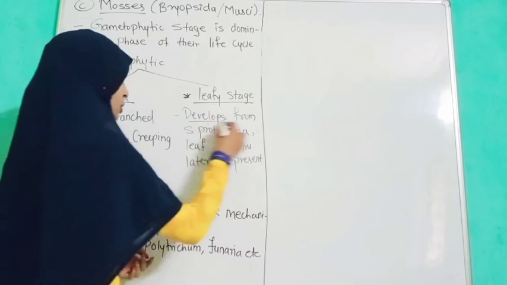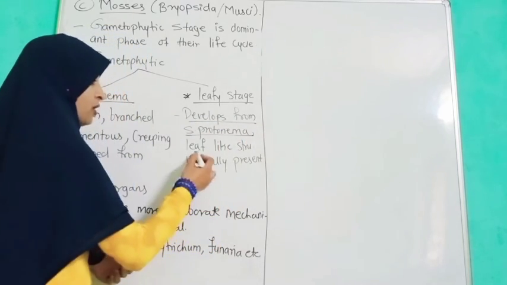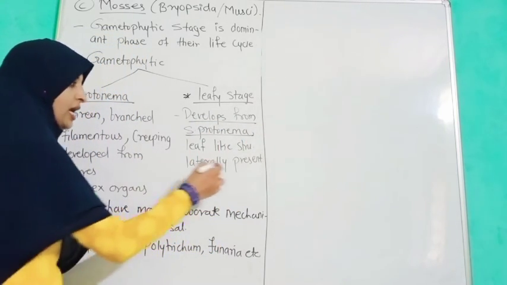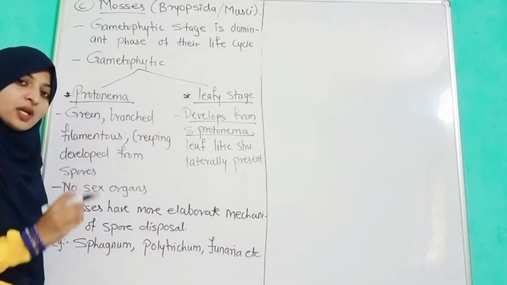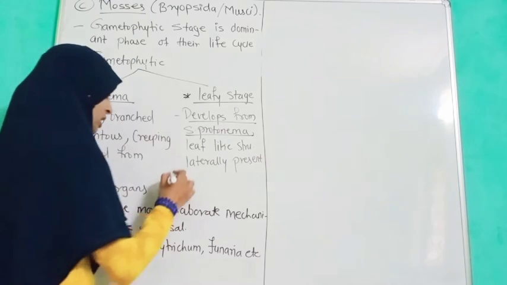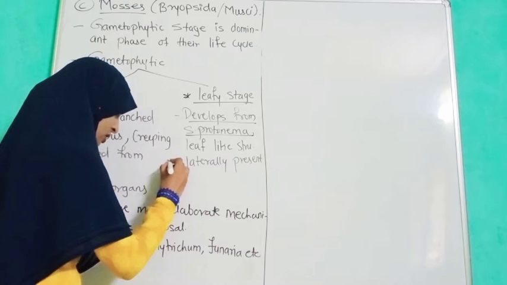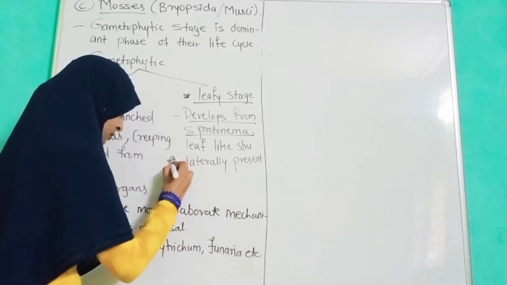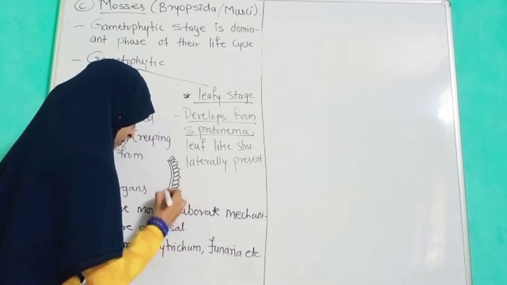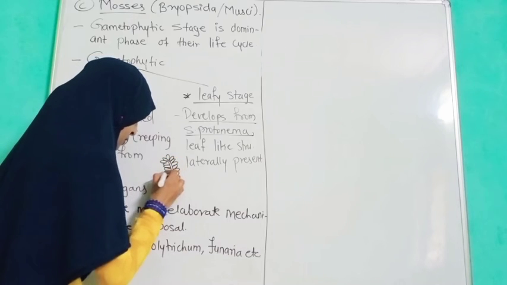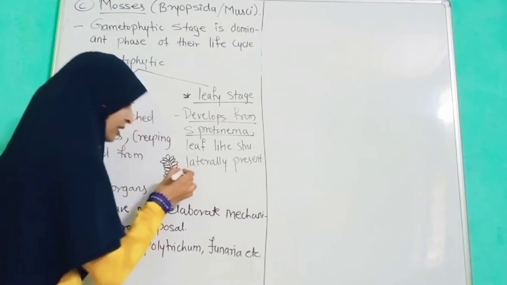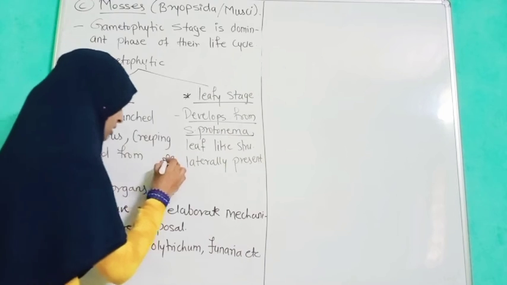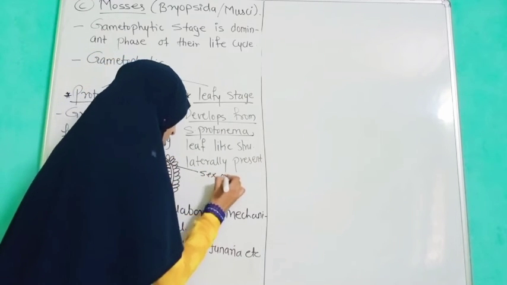From the secondary protonema the leafy stage is developed, which is leaf-like, with leaves present laterally, as in this structure. This leaf is present laterally and it contains the sex organ.